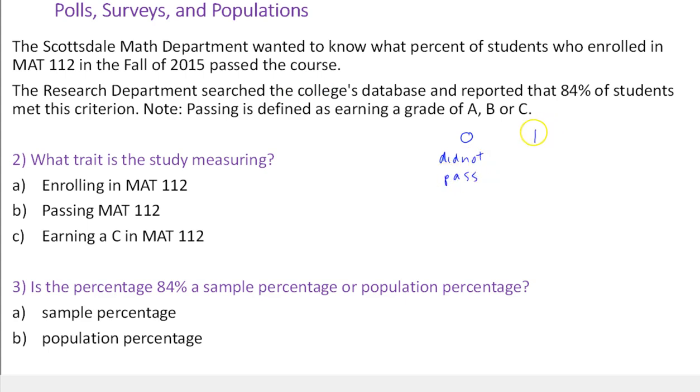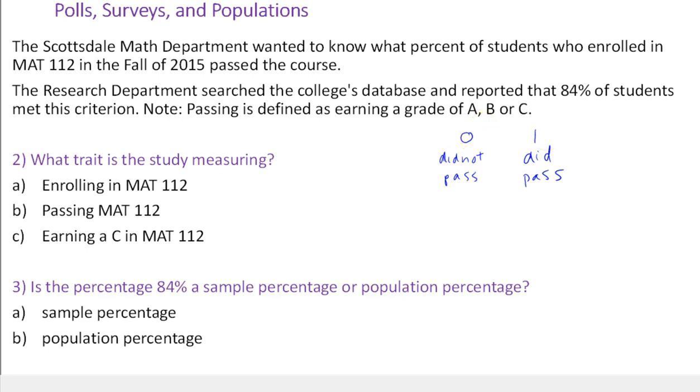And a 1, we'd add them to the percentage that did pass the course if they did pass. We looked at other examples. It could be we're looking to see who a vote is in favor for. So we would say 0 is not voting for that person, 1 is voting for that person.